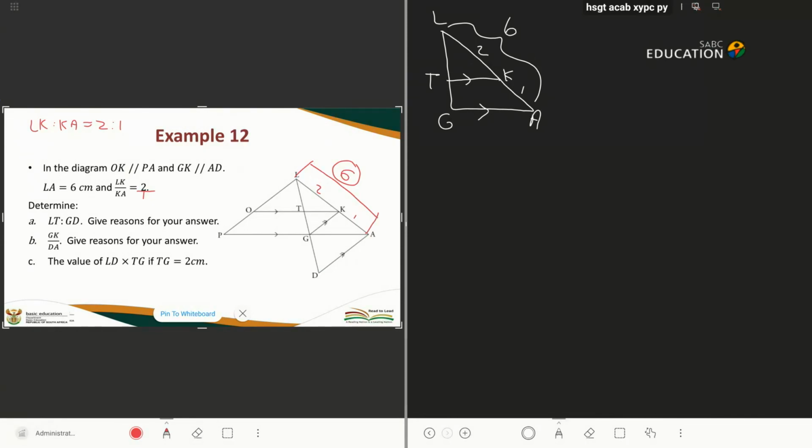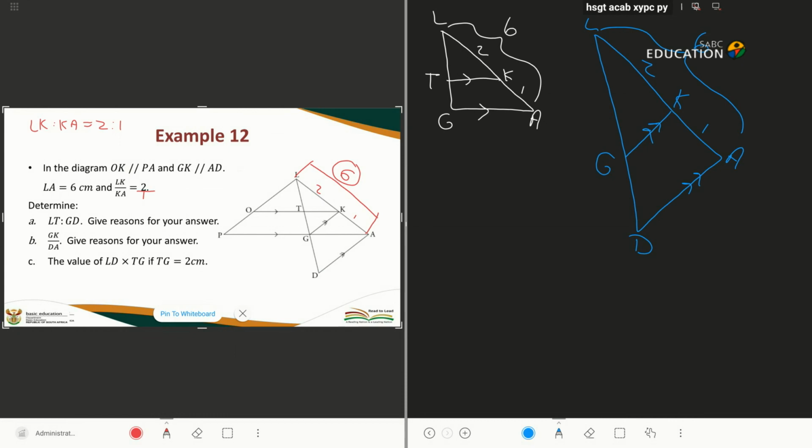Then we go, and then the next triangle will be LDA, and then you've got a line there, GK, that is parallel to DA. And again, this is the ratio 2 to 1, and this is to the ratio of 6.